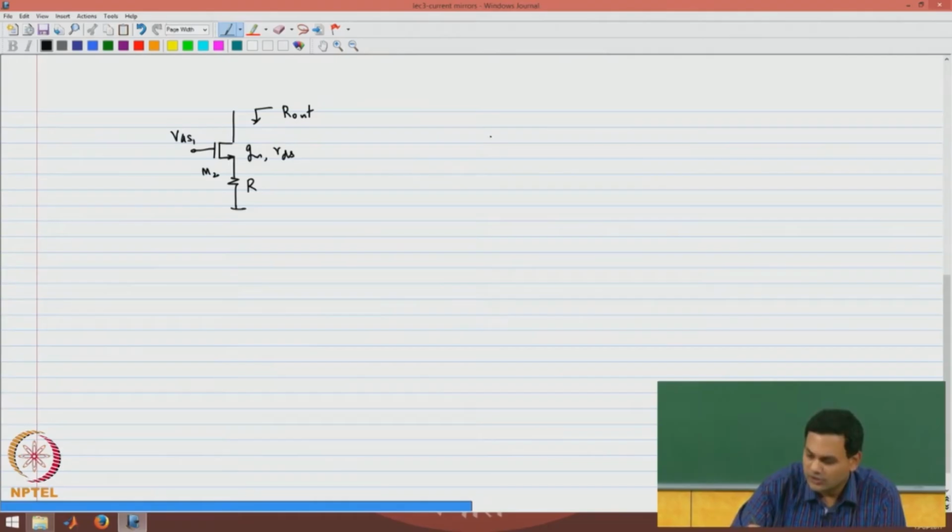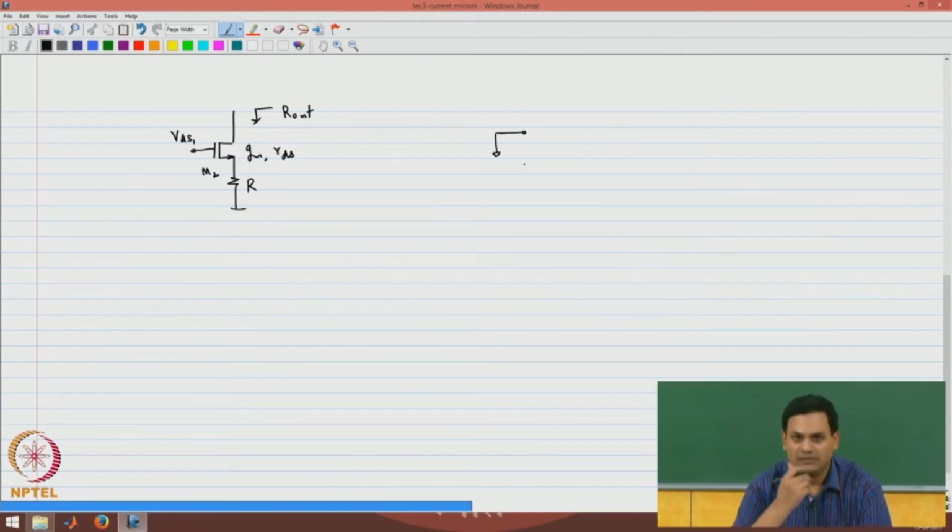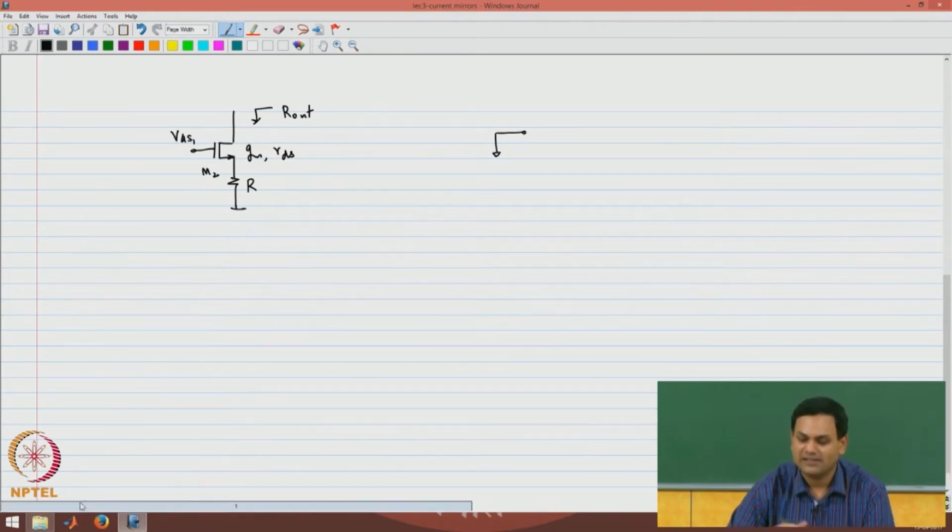Now, to find out the small signal output resistance, I will draw the small signal equivalent circuit. VGS1 is generated by the mirror portion, the left side of the current mirror, that will be at signal ground.